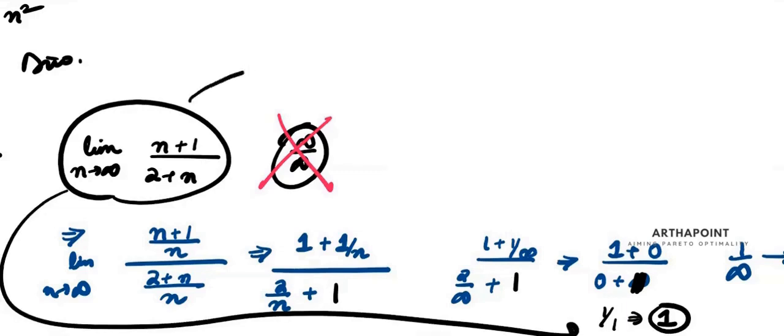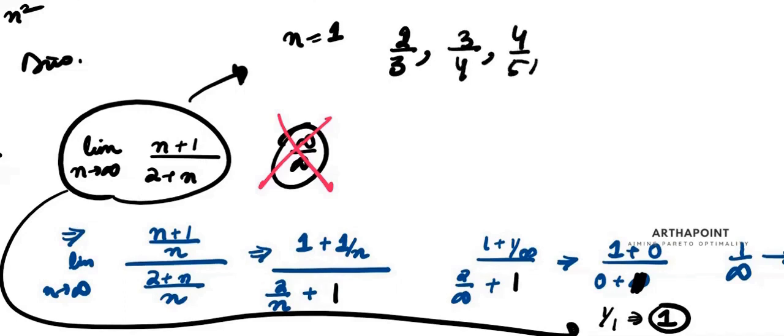Let's see here. If I put different values, suppose I put n equal to 1, I will get 2 by 3. If I put n equal to 2, I will get 3 by 4. Then I will get 4 by 5, then 5 by 6, and so on.